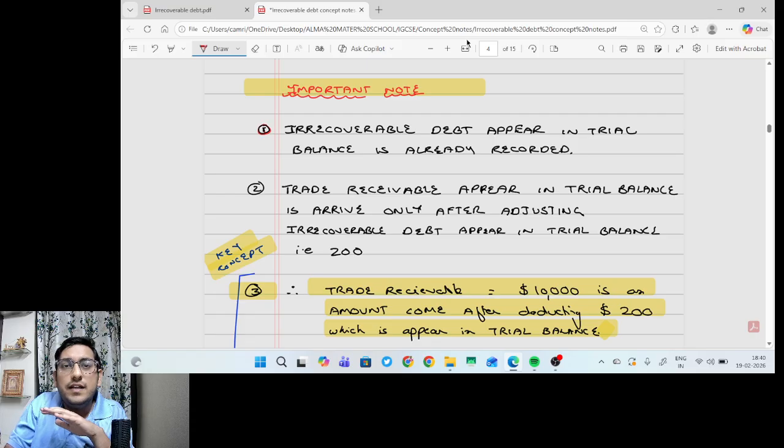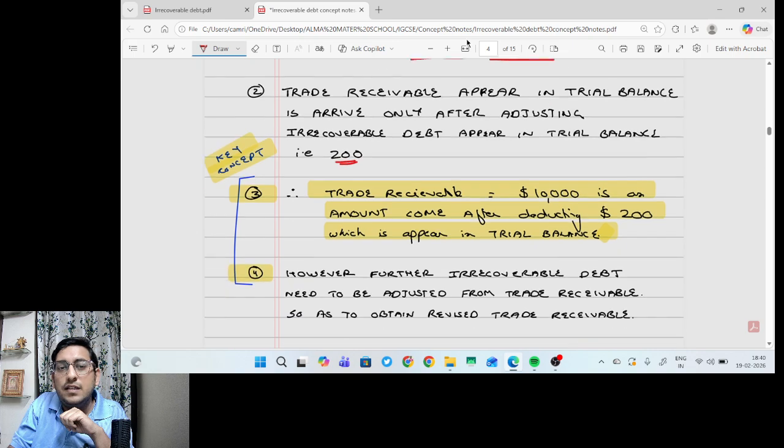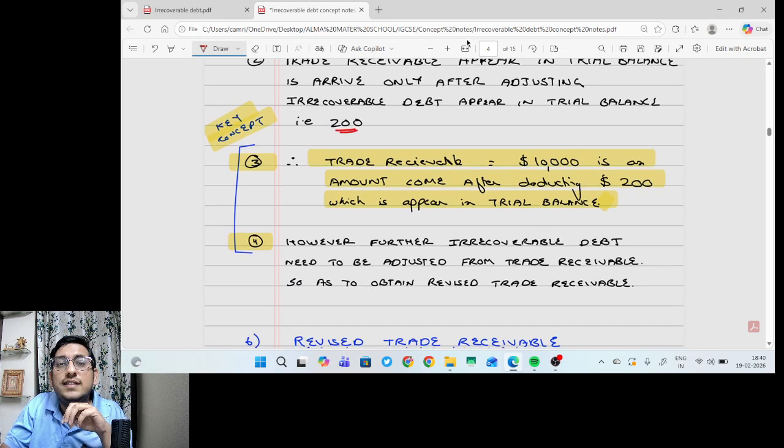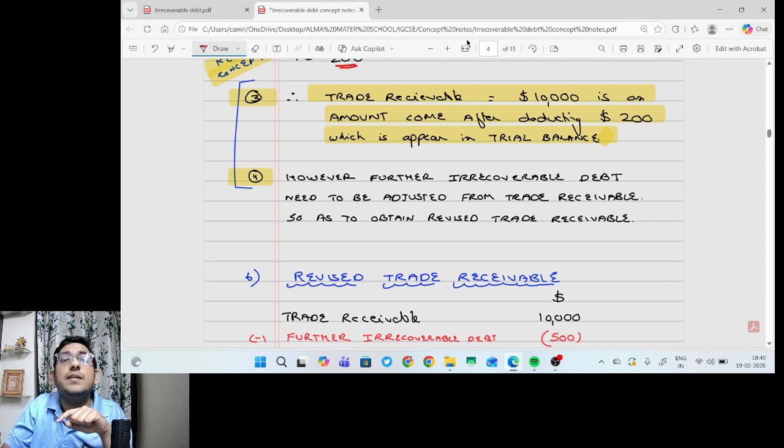Important note: irrecoverable debt appearing in the trial balance is already recorded. Trade receivable appearing in the trial balance arrives only after adjusting the irrecoverable debt appearing in the trial balance, that is 200. Key concept: trade receivable of $10,000 is an amount after deducting the 200 which appears in the trial balance. However, further irrecoverable debt needs to be adjusted from trade receivable to obtain revised trade receivable.